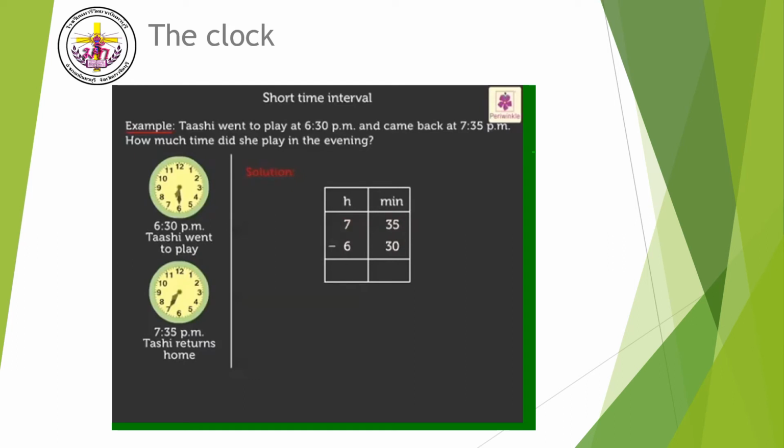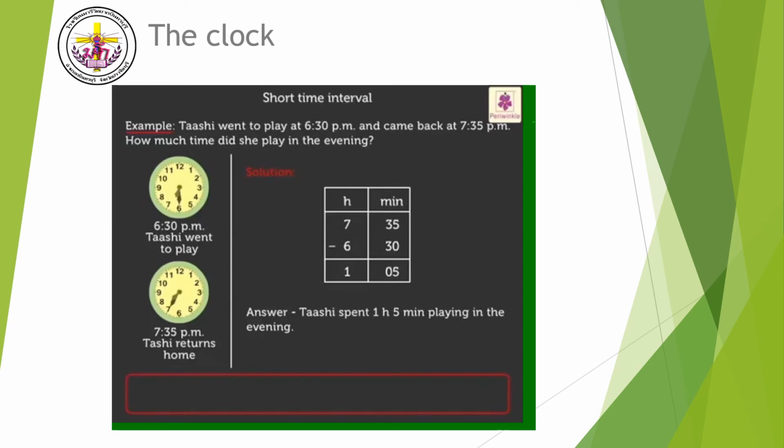On subtracting, we get the answer as 1 hour 5 minutes. Thus, we can say that Tashi spent 1 hour 5 minutes playing in the evening.